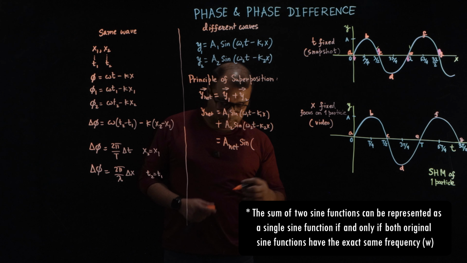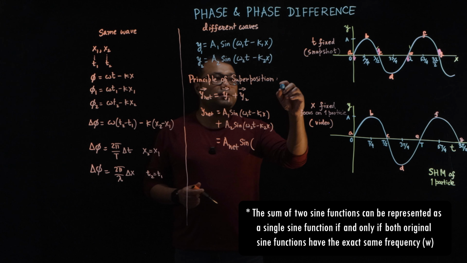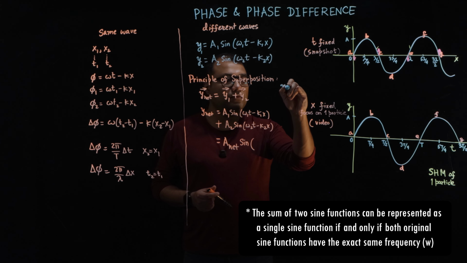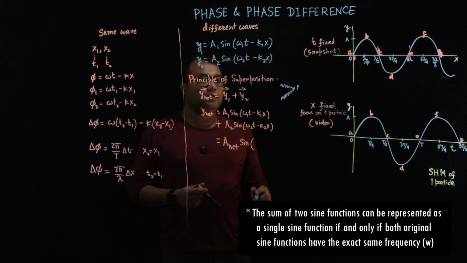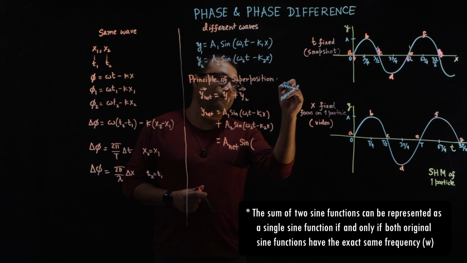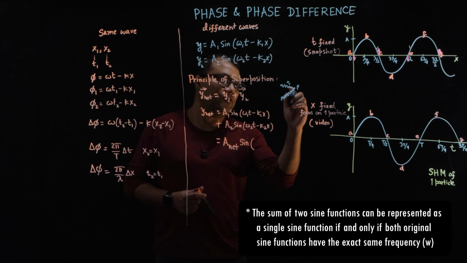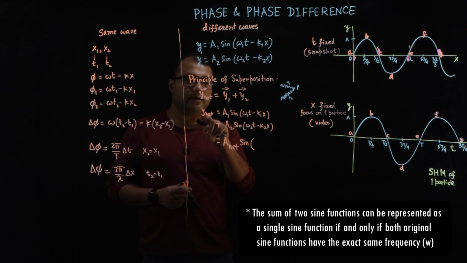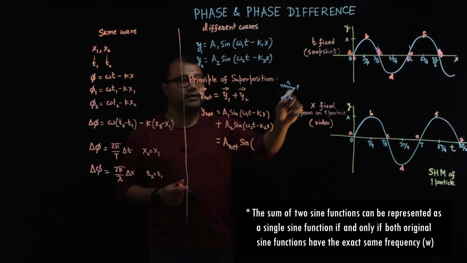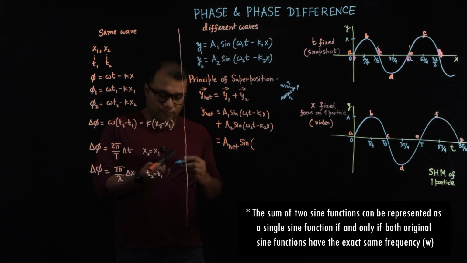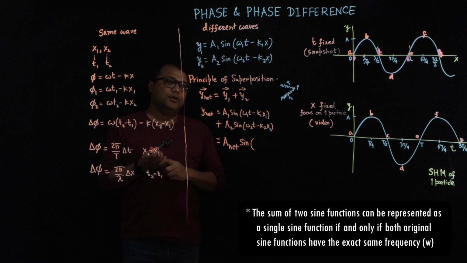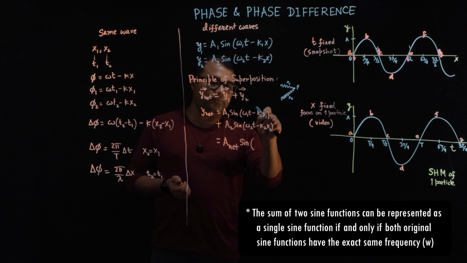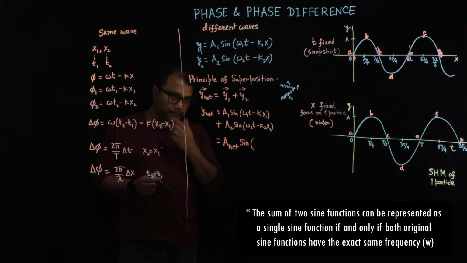Let's suppose there are two waves, one traveling this way, another traveling this way, and they collide at a point P. For the y1 wave, this distance is x1, for the y2 wave, this distance is x2. So we are in effect finding the net displacement at P, which means we should write this as x1 and x2. We are not generalizing it, it is at some point, so the x's are fixed. Okay?